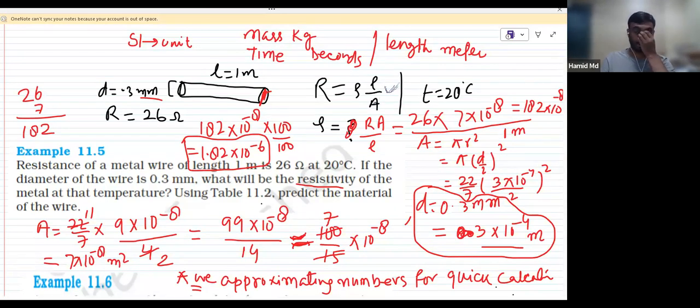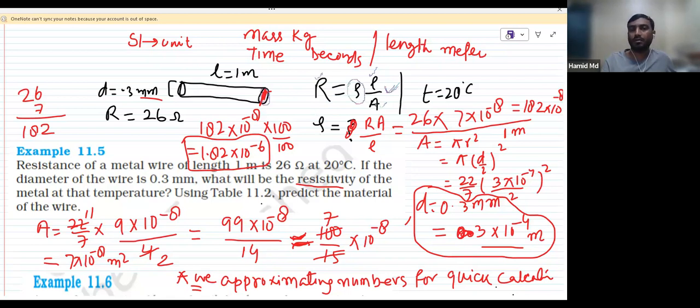Yes, sir. Okay, so R is given, L is given, and diameter is given to find the area, because this is a circular area. We will use the area of a circle, pi r square. We don't know only this quantity rho, so we took the rho outside.